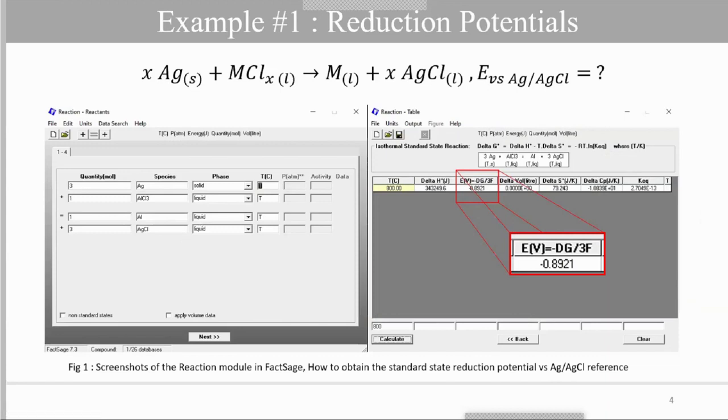So first, what we're going to do is use this window, this reactant window in the reaction module. We're going to fill in this window to represent the reaction that we have going on. And we're going to get this result, which is the delta G divided by the number of electrons used and the Faraday constant.